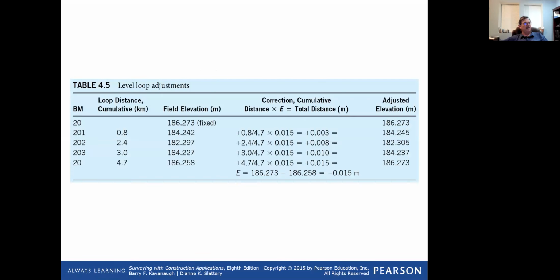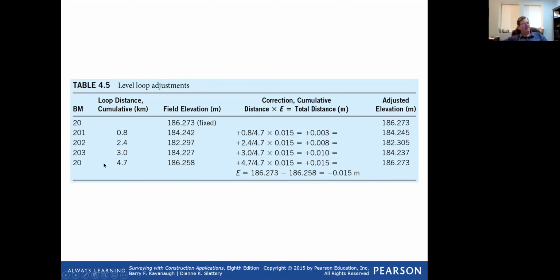How do you fix that error? Well, it's right here. You adjust the error based on distance. So when you find out right here is your total error, you're out 0.15 meters, it says. You want to distribute that based upon the length right here multiplied by, let's see, this is the distance, yeah.